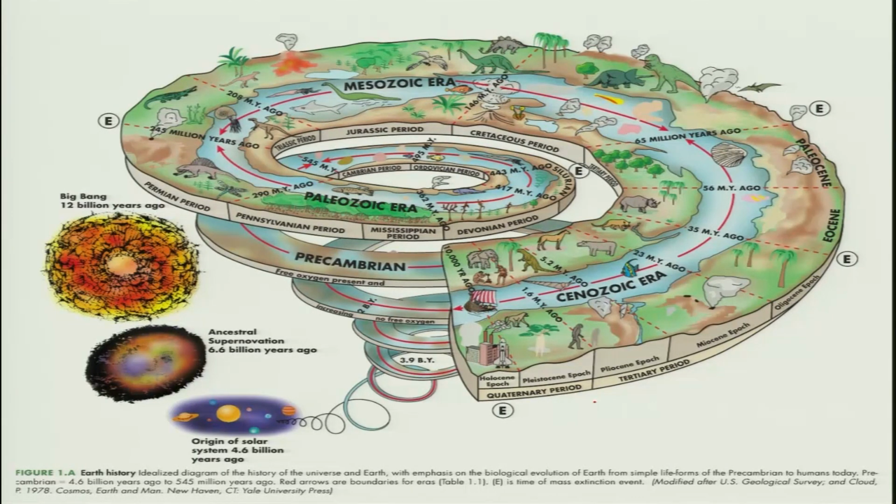But as we have talked about, we are interested in the Quaternary period, and the epochs listed here, Holocene and Pleistocene, are important for us, because this is the time when there was the evolution of man. And in the Holocene epoch, we basically have the onset of urbanization.